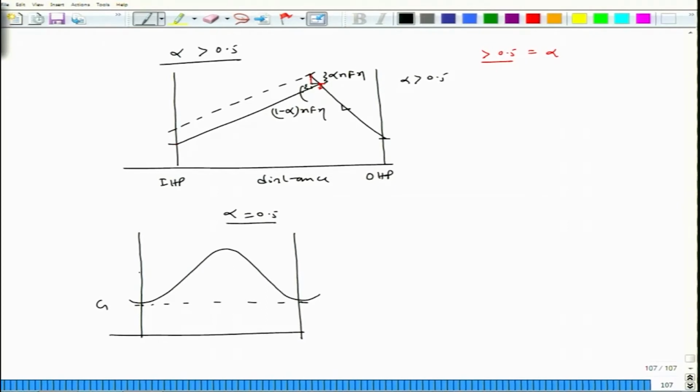Now, we are having preferably anodic reactions.